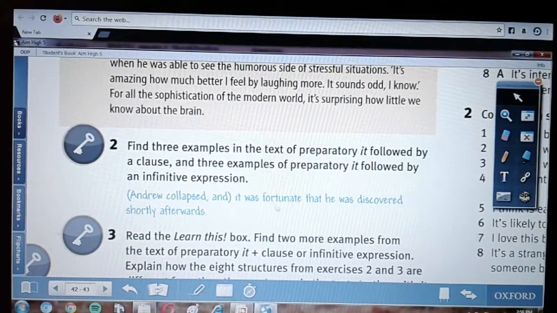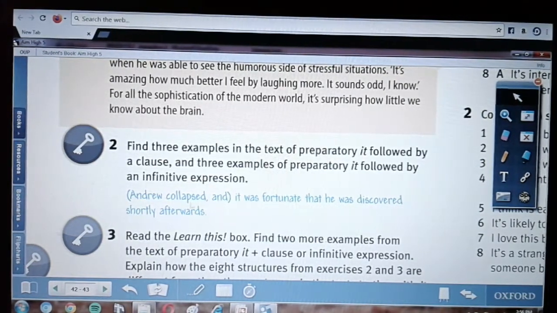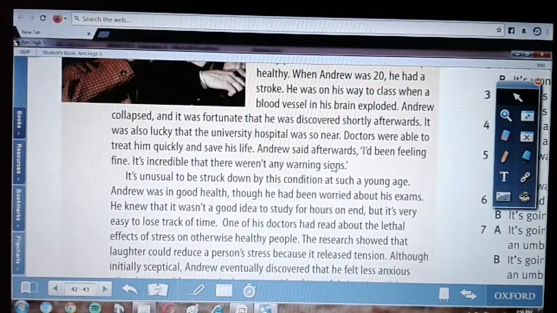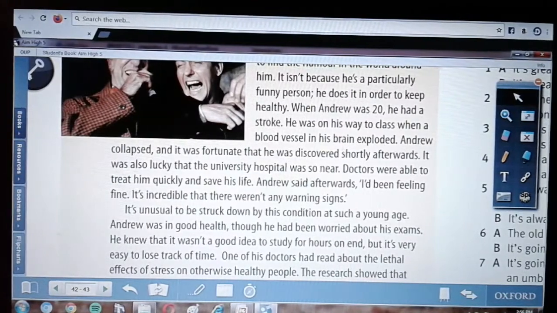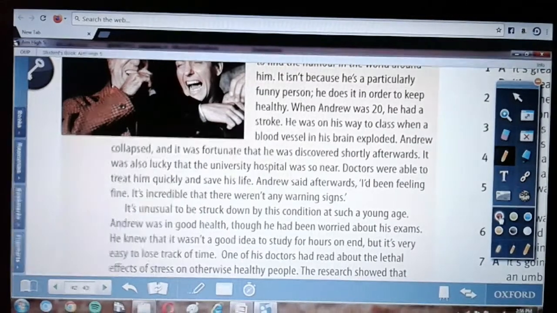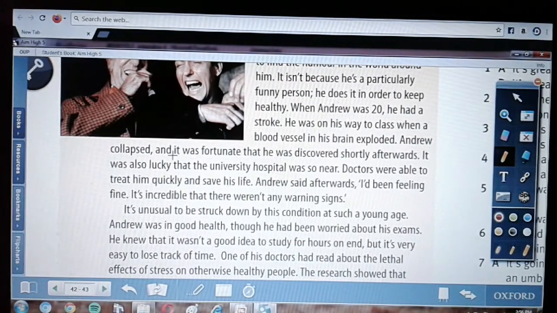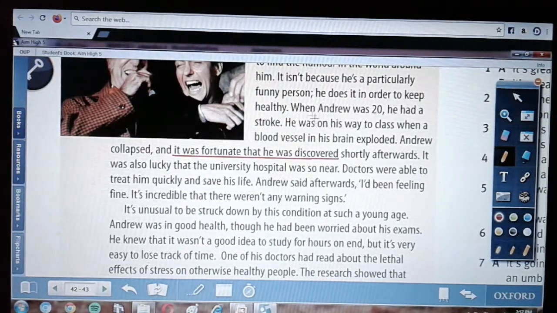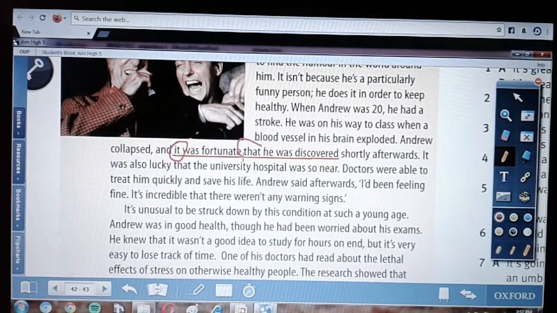And it was fortunate that he was discovered shortly afterwards. So let's find the sentence. It would be here. So you have to underline the sentences. Let's underline: it was fortunate that he was discovered. Okay. So here you found a preparatory it sentence that uses that clause.